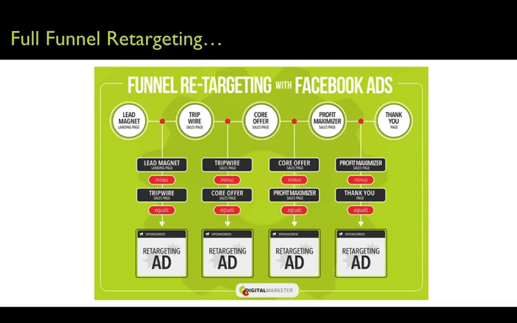The same thing as you move through the funnel. Maybe they landed on the tripwire sales page and they didn't buy, they didn't take whatever action was asked of them on that page. So they didn't make it over to the next page. So we're going to run an ad that says, I want people who hit that tripwire sales page minus the core offer sales page.